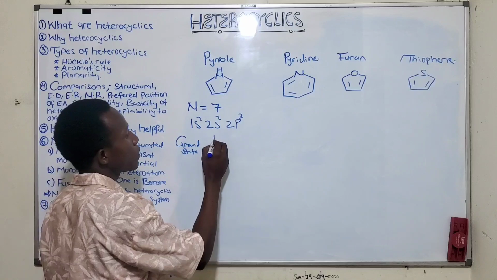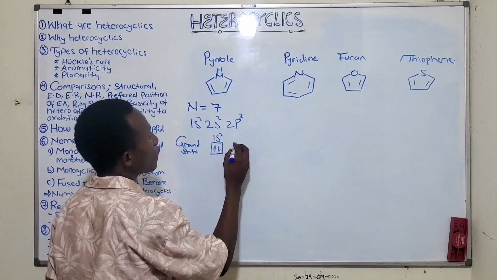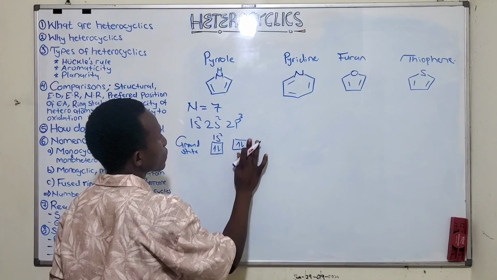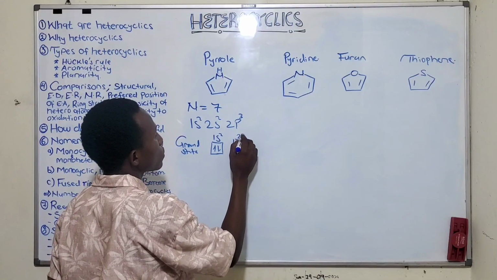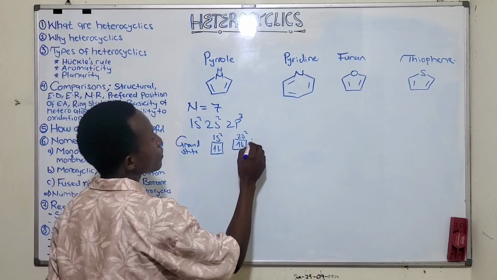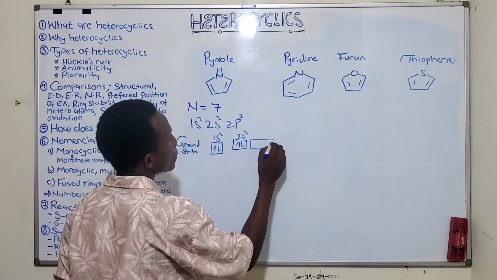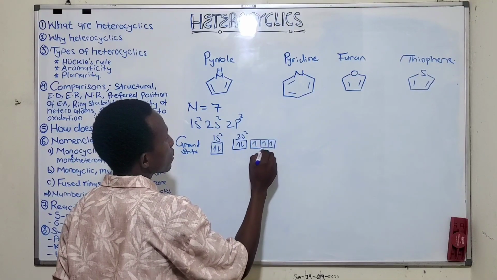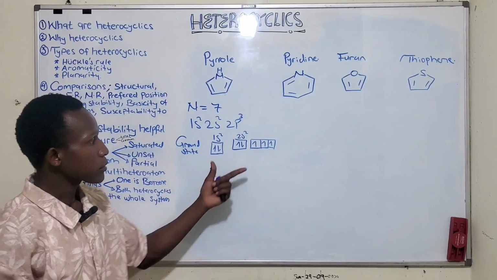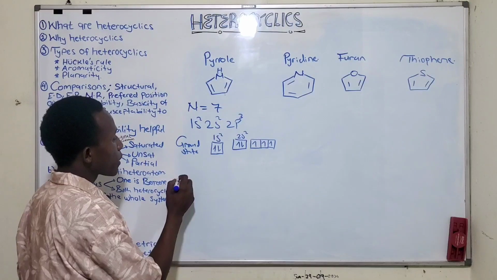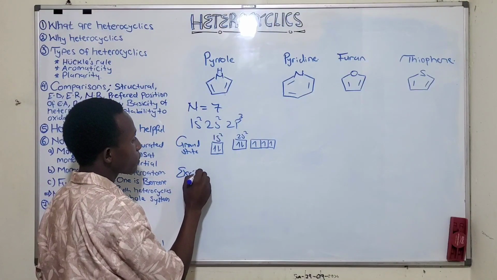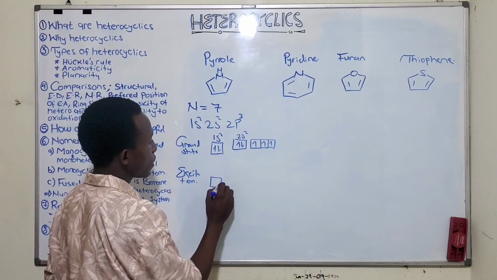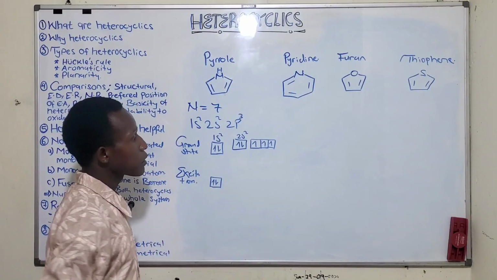This is 1s2. Then we have 2s2, and 2p3, having 3 electrons. The same. So at excitation, the 1s will remain with 2 electrons.